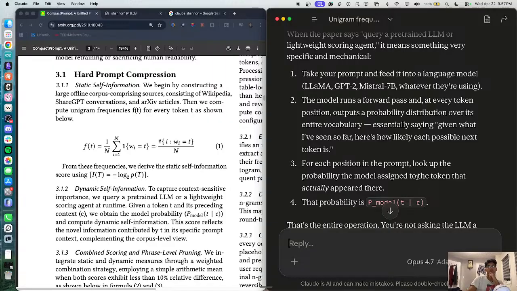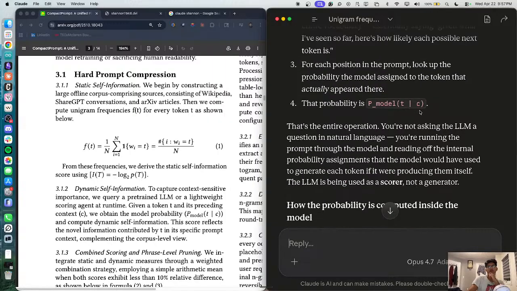That probability is P underscore model T slash C. That's the entire operation. You're not asking the LLM a question in natural language. You're running the prompt through the model and reading off the internal probability assignments that the model would have used to generate each token if it were producing them themselves.